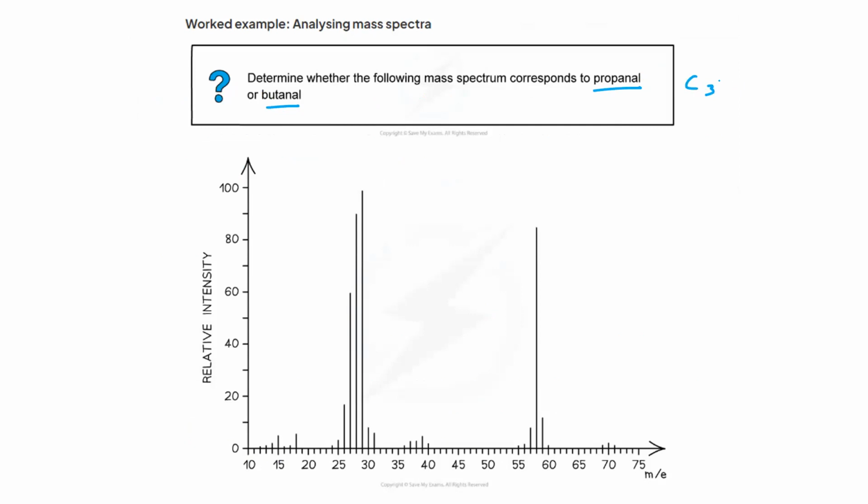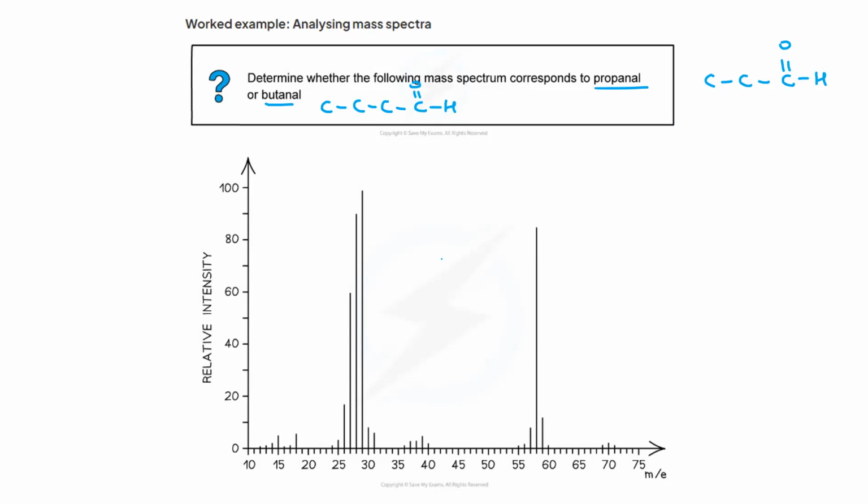So it should be CnH2n plus 1, and propanol should look something like this, and butanol something like this. Butanol will have 4 carbons, right? Yes. The remaining valencies would be filled by hydrogen.